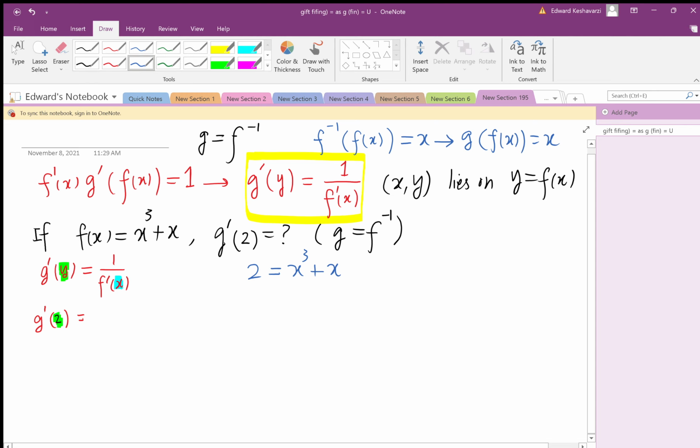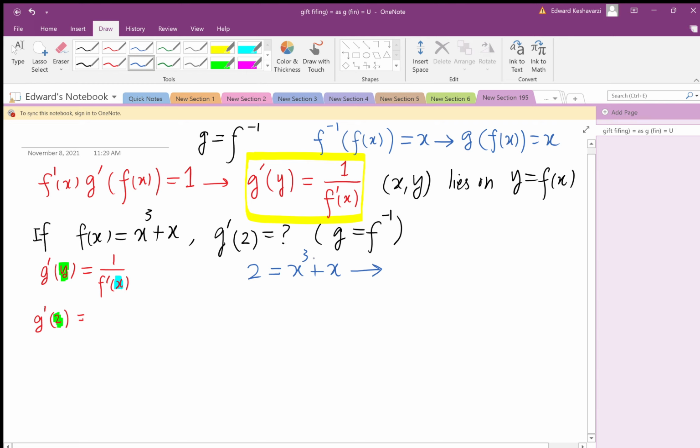We never solve equations in derivative of inverse function. We just test numbers. And questions in AP are always designed to be tested easily, and you do not need to solve an equation unless this is in the calculator part, where you can use your calculator to solve the equation.